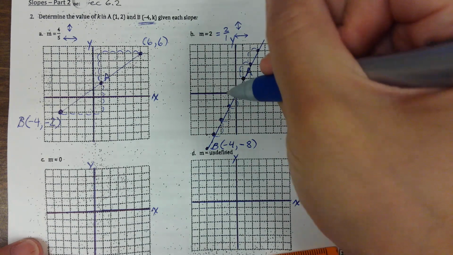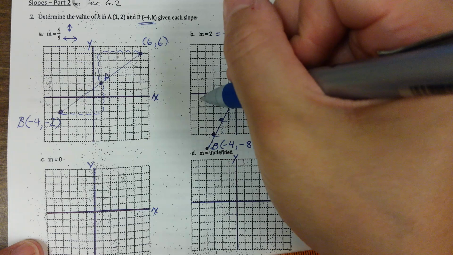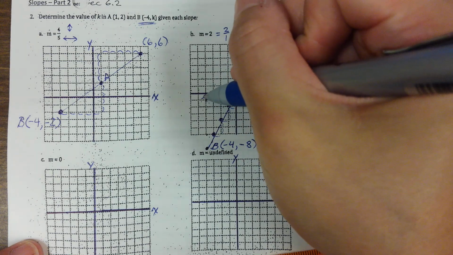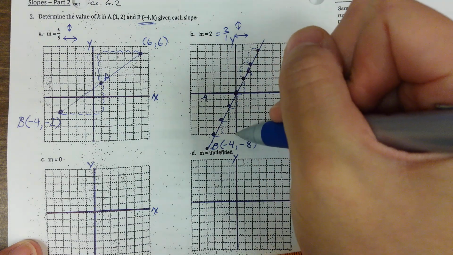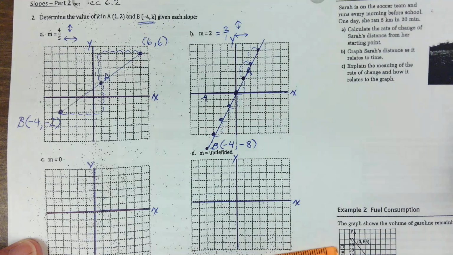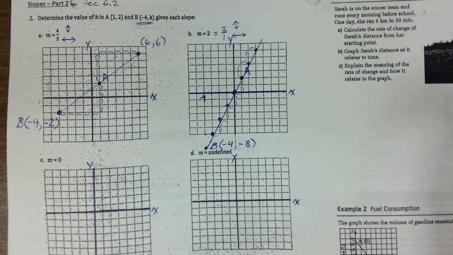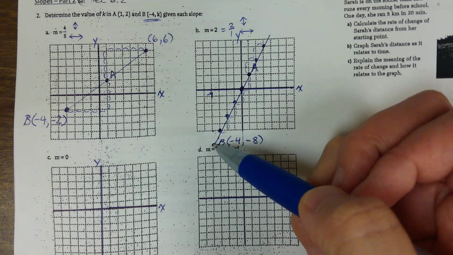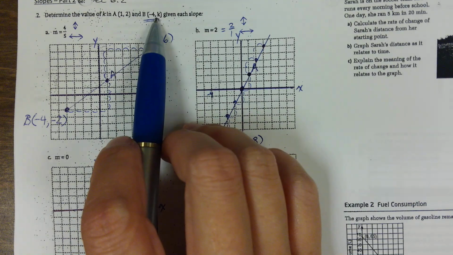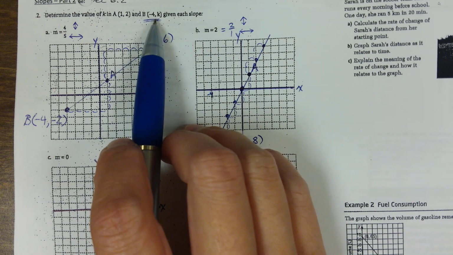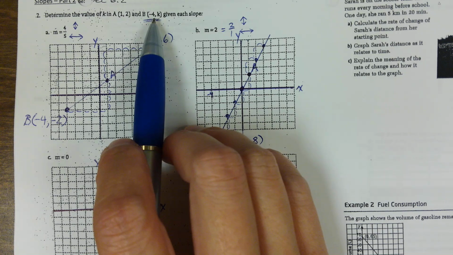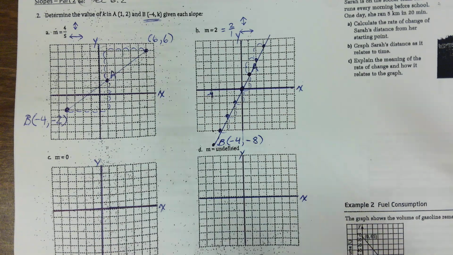Okay, because this right here, 1, 2, 3, 4, -4 is right here. And that, if I extend this will be the -8. Okay, how do I know this is the point I want? Because you're given part of the coordinate right here. So that's how I know it's this one.